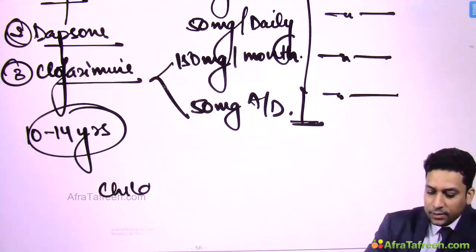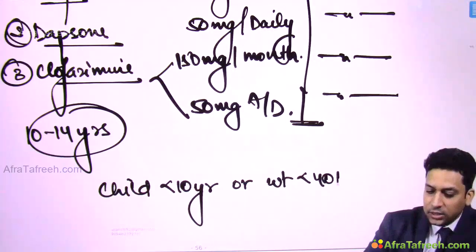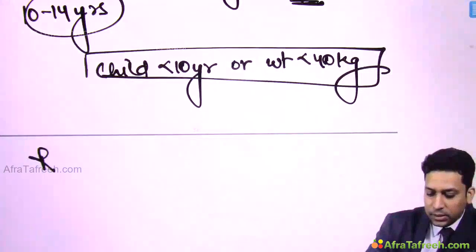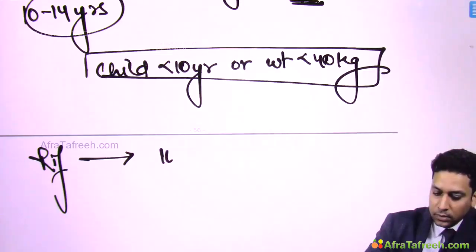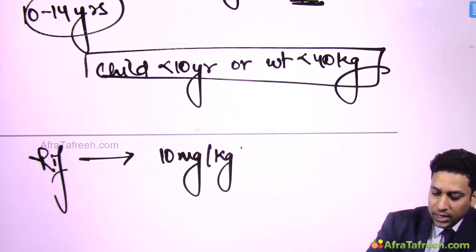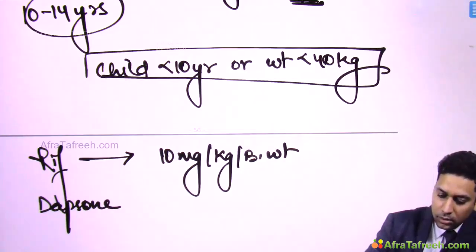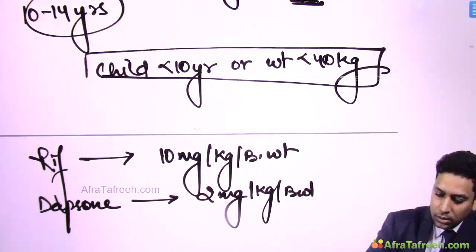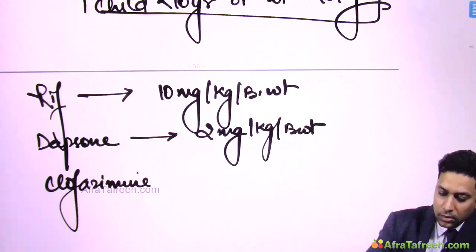So if the child is less than 10 years or weight of the child is less than 40 kg, then you can use rifampicin (10 mg per kg body weight), dapsone 2 mg per kg body weight, clofazimine monthly dose 6 mg per kg body weight.